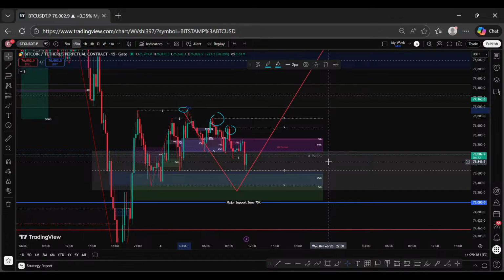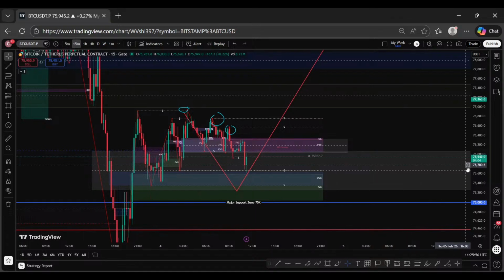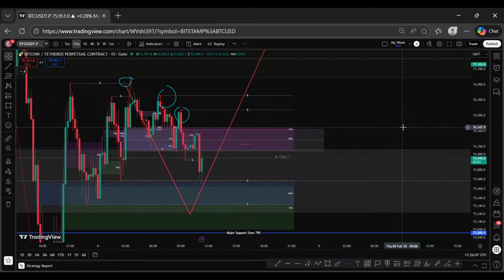These gaps in price are often areas that the market will come back to fill before continuing its move. There is a fair value gap around this level, which you can see here if I mark this one. Okay, a stronger price pullback. When price has left an imbalance in the market, price tends to fill these zones before moving further.